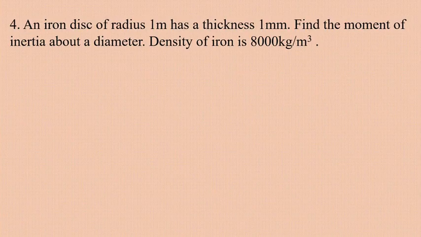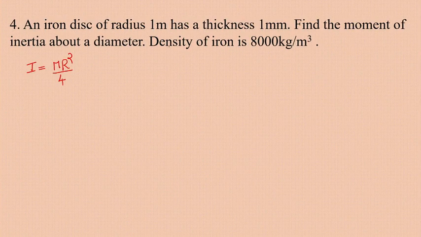Here we have an iron disc. The moment of inertia of a disc about a diameter is given by the formula I is equal to m r square by 4, that is 1 by 4 m r square.